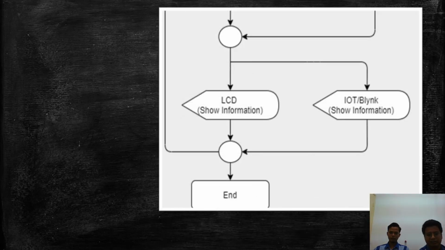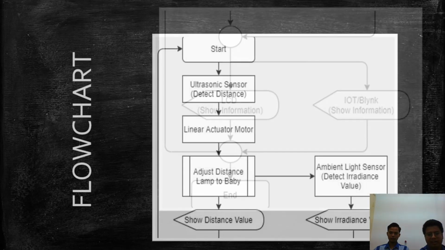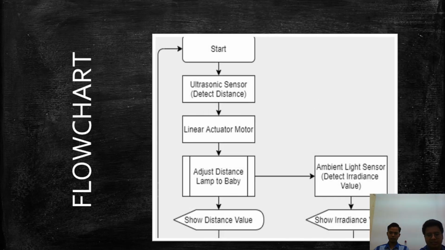Next, for the output, first we go to the LCD at the project, and next is IoT, Blynk, showing the information. Then it goes back to the start again because it is inside the void loop, so it will keep repeating.